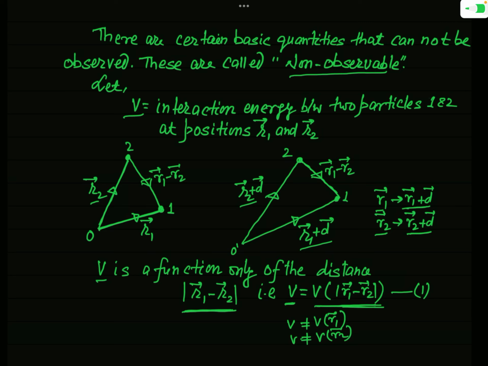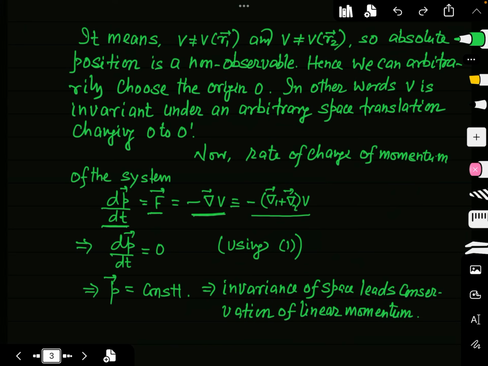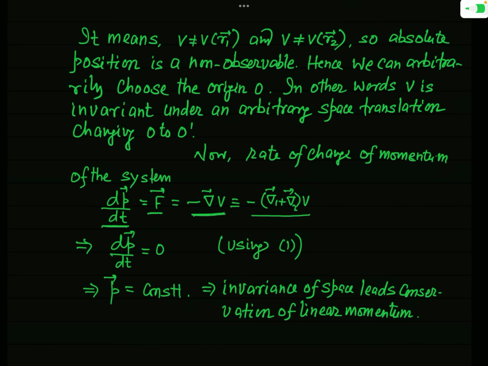That is, it is independent of R2. And you know, when you use the gradient operator, that is del, that is simply the differentiation with respect to the position. But as our potential function V is independent of R1 and R2, what will be this gradient of V? This gradient of V will be simply equal to 0 because V is not a function of R1 and R2.